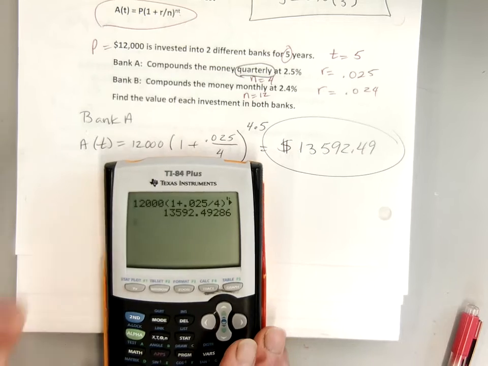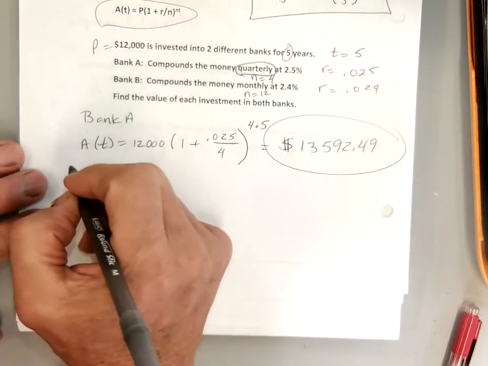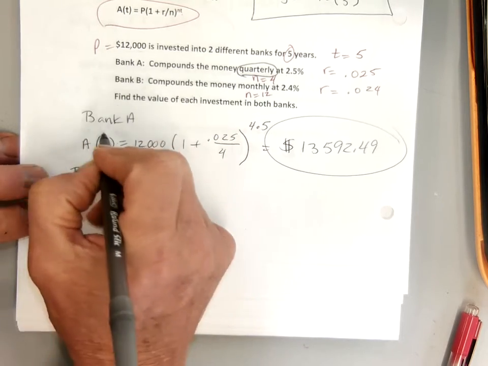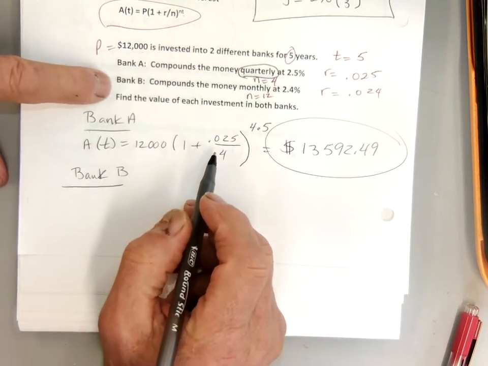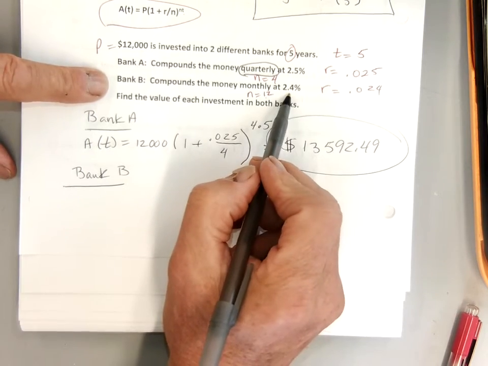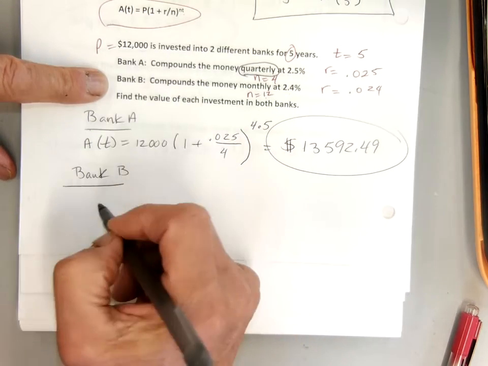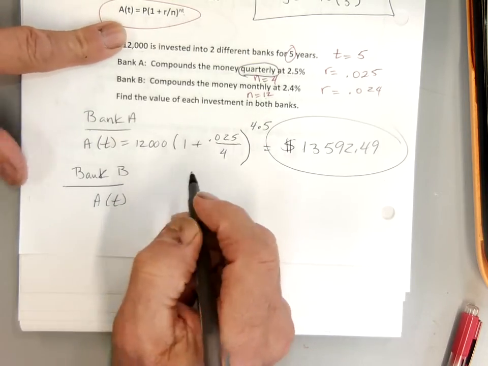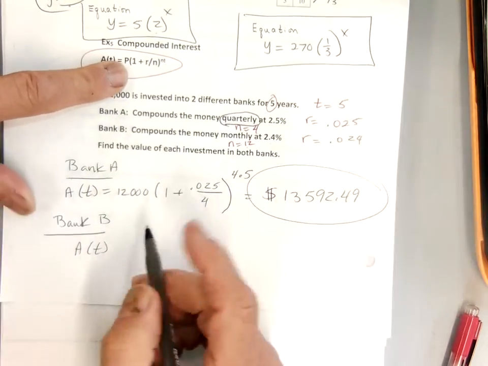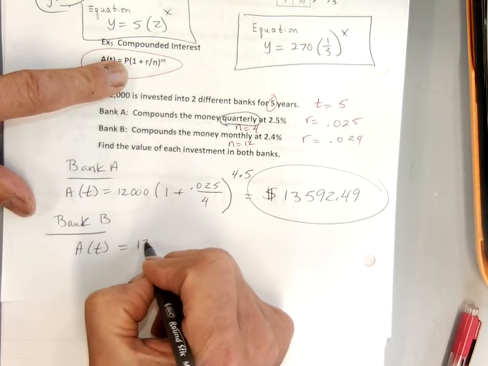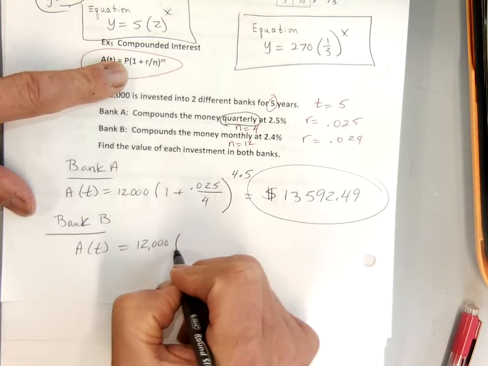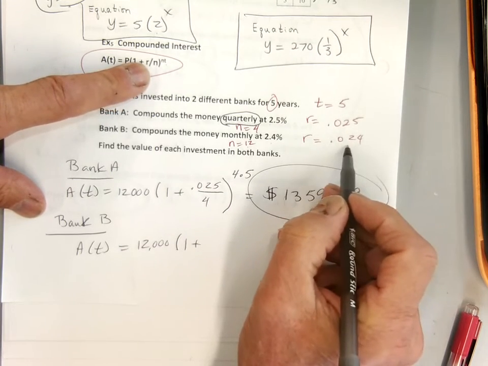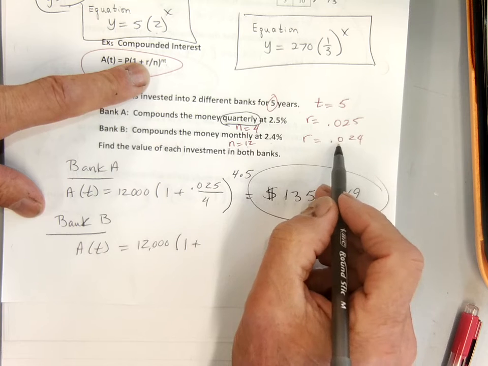All right, let's look at Bank B. Same formula, but N is 12 and my interest rate is 2.4. So again, I'm going to invest using the formula. P is my principal. I'm going to invest $12,000, 1 plus my R, which is not 2.4 but 0.024.